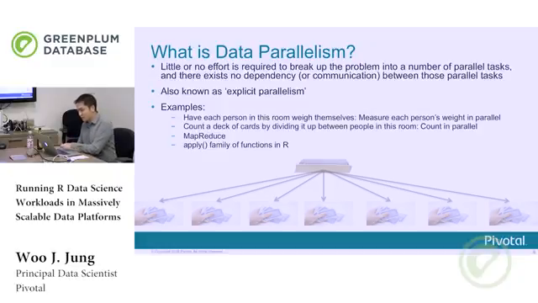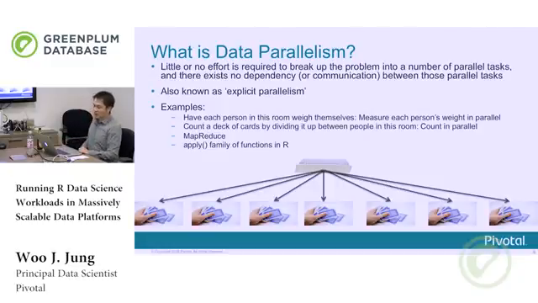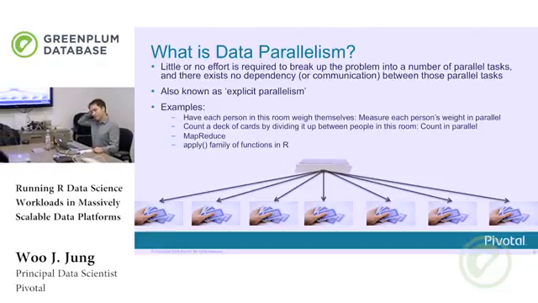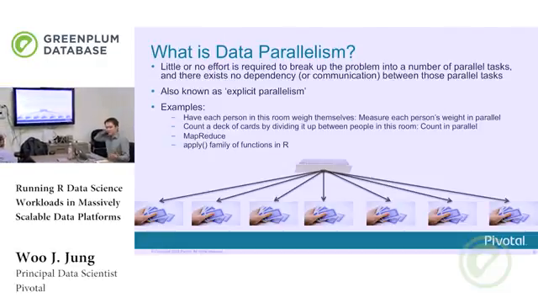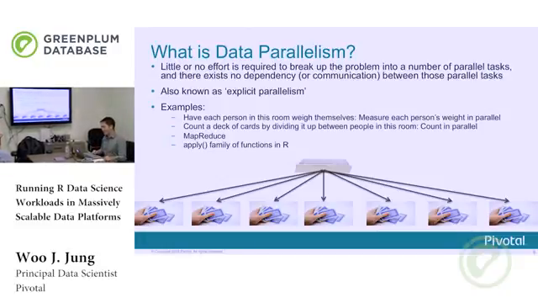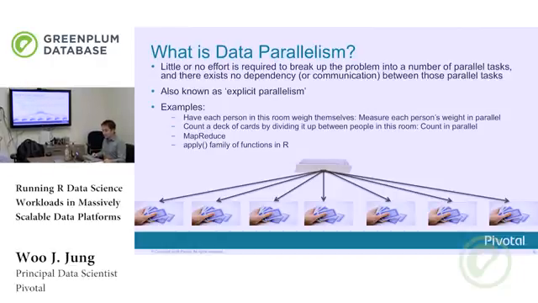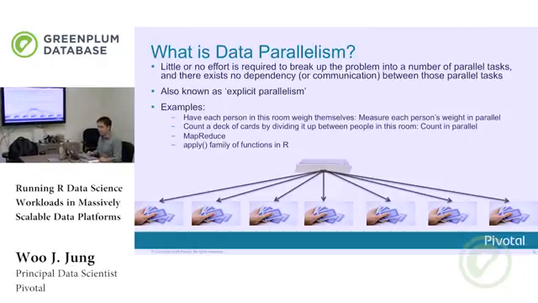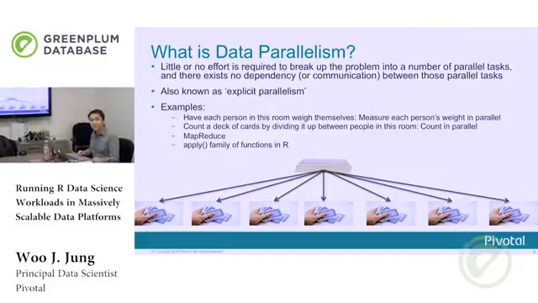In plain English, one way to think about this is if you have everyone in the room together, and the mission is to count up a deck of cards for some crazy reason. You could, in one scenario, have one person in the room count up that entire deck by herself, which would take a certain period of time.